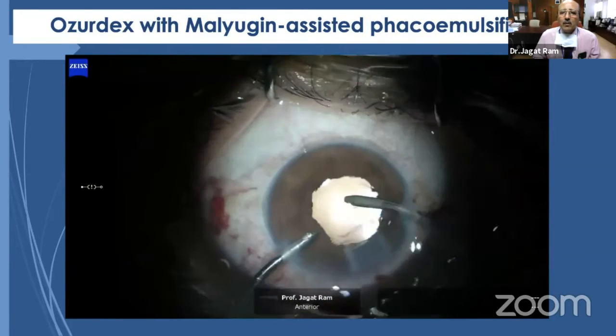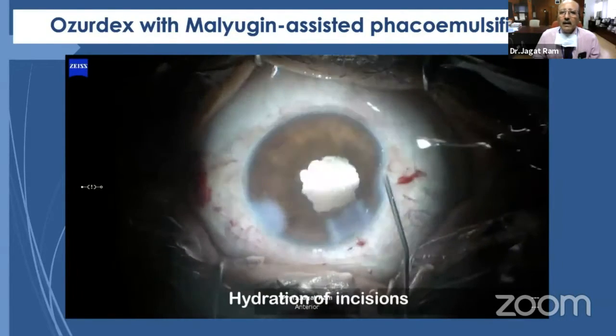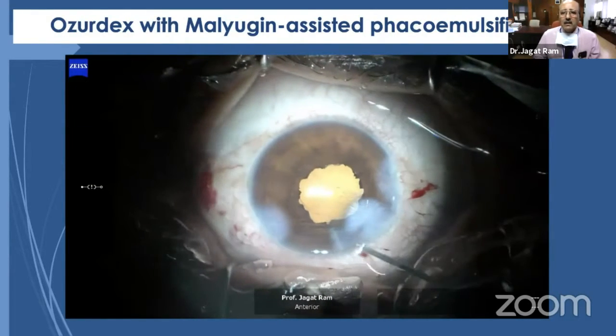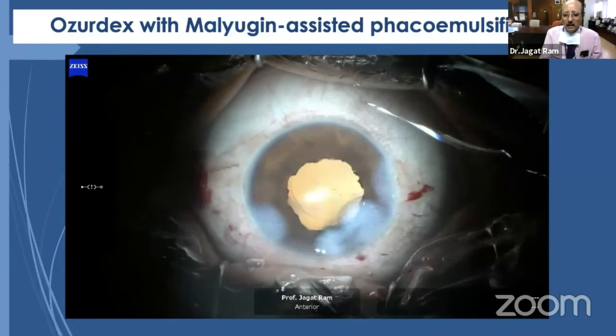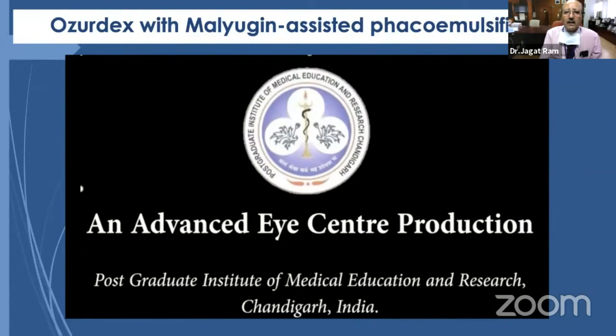And then this is removal of the viscoelastic from the anterior chamber and closure of the section by hydration. And this is just an operative picture.